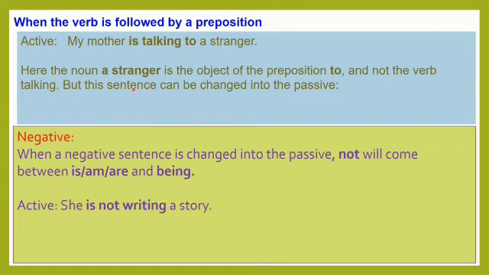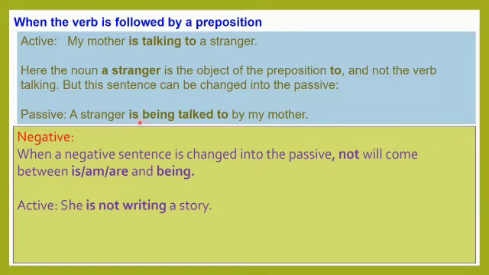But this sentence can be changed into passive voice as well. My mother is talking to a stranger. So the passive voice will become like this: a stranger is being talked to by my mother. Clear? So like that example, you will solve your other passive voice and active voice sentences in that form as well.